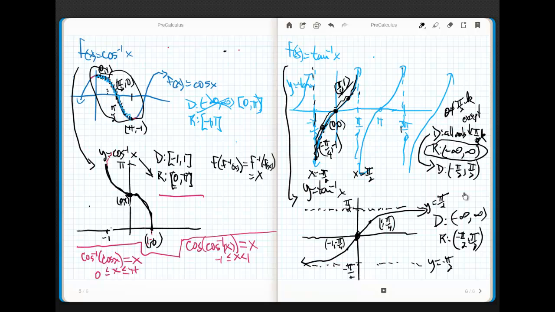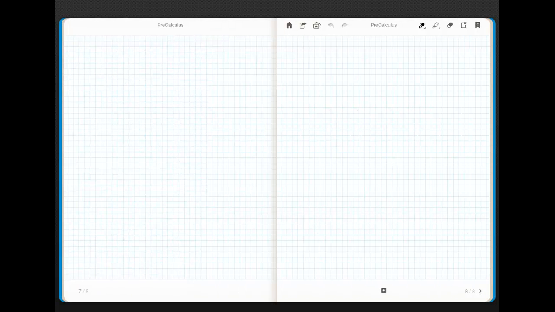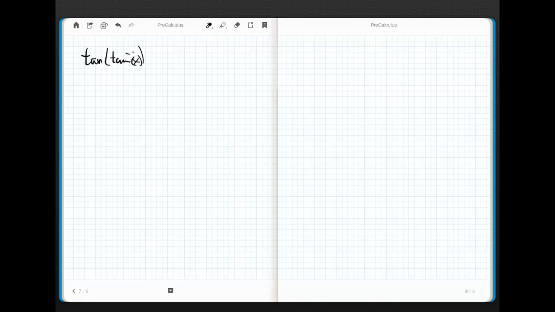Well, what does that imply? Really simply, I'm not going to rewrite f inverse of f of x equals x. I promise. All right, you ready? If I take the tangent of the arc tangent of x, that should be a minus 1, of the arc tangent of x, what should that equal?